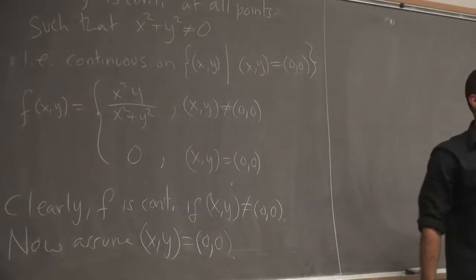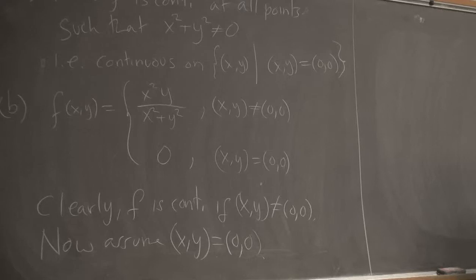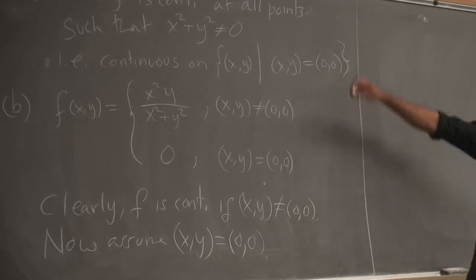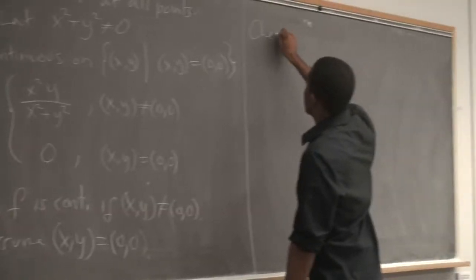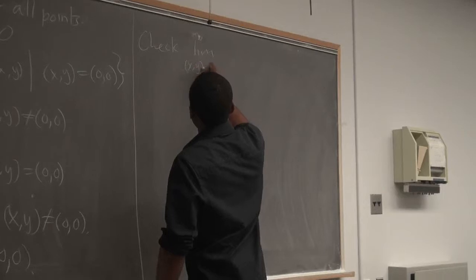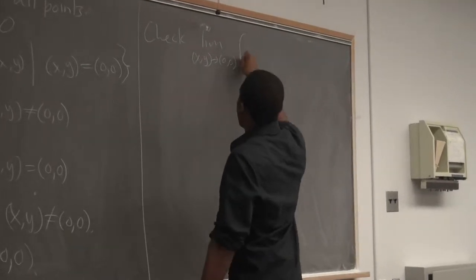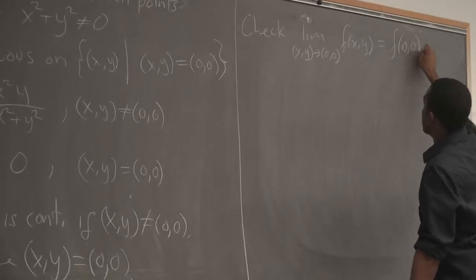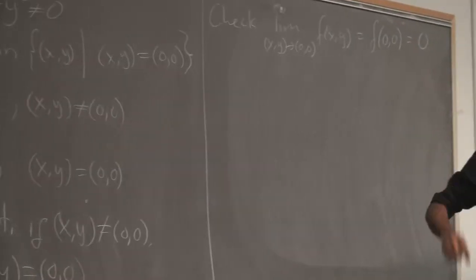How do I check continuity at the origin? Well, you need to find the limit. Check that the limit as you approach the origin of f(x, y) is actually equal to f(0, 0), which is defined here to be 0, right?